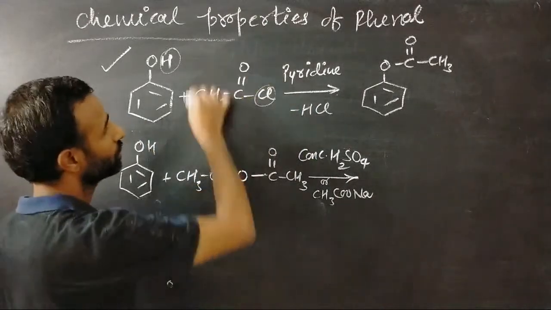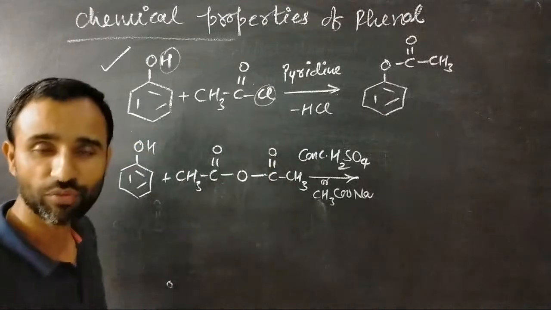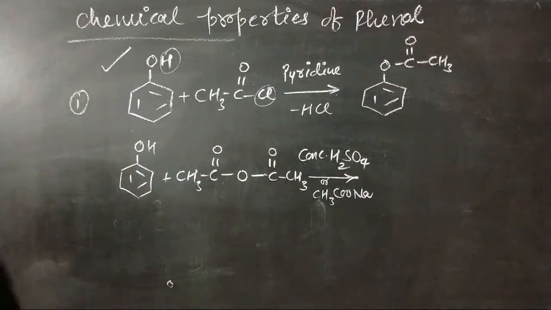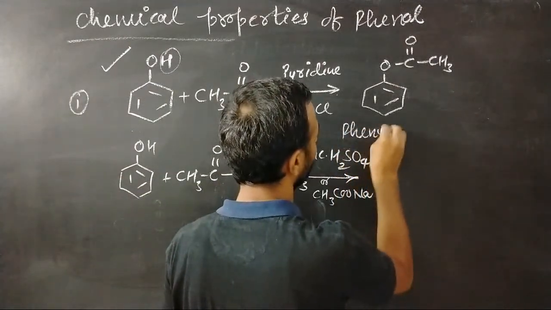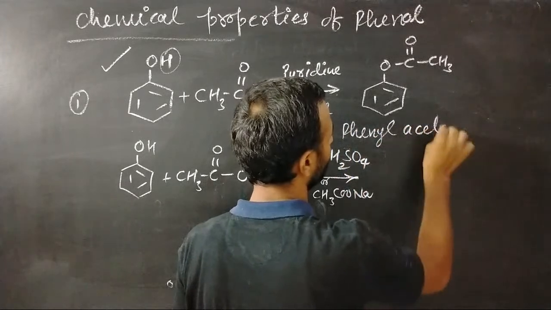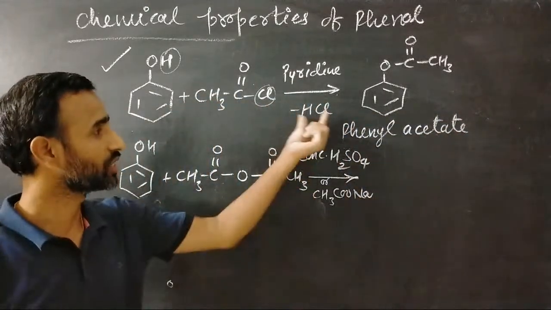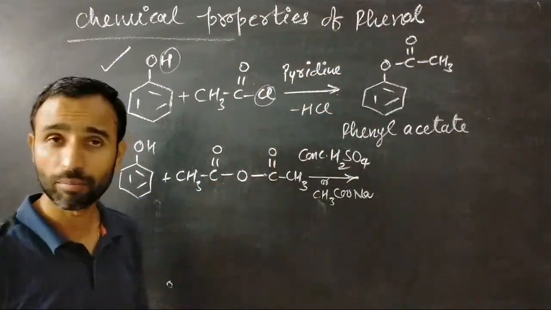This whole COCH3 attached to O. Esterification takes place. Am I right? So it is actually phenyl acetate along with HCl, and this HCl is neutralized by pyridine, because pyridine is a base.